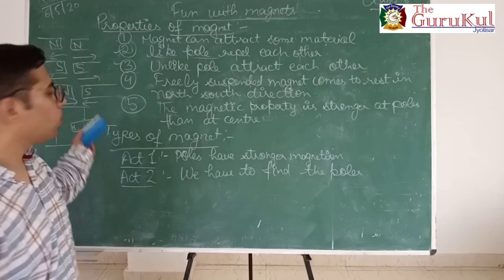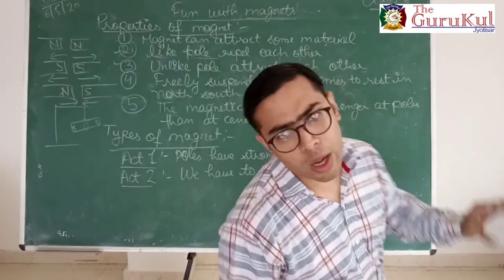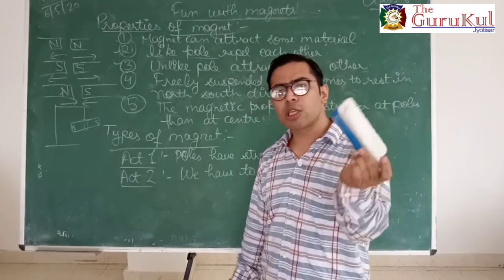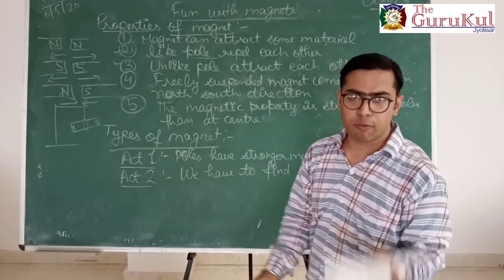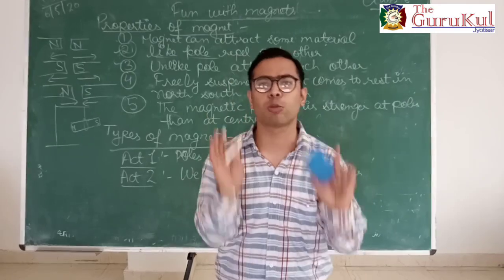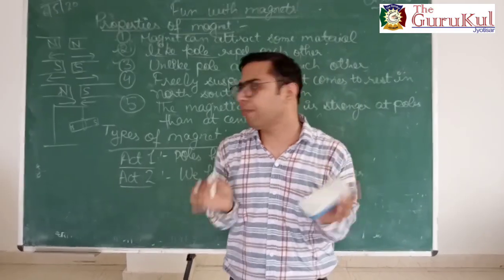To understand this activity, I tell you what we require. We require 2 magnets. One magnet whose poles we have to determine, and one magnet we take by ourselves whose north pole and south pole are already known to us beforehand.